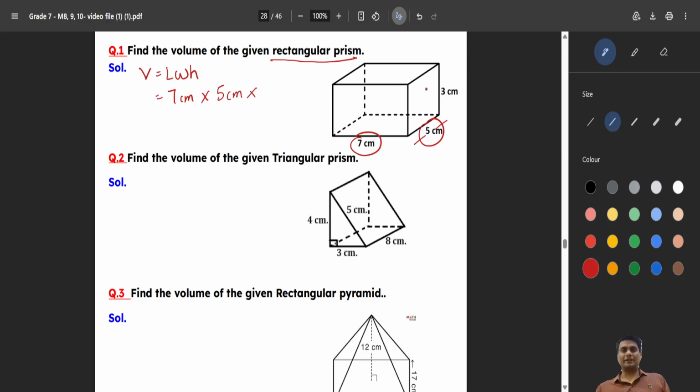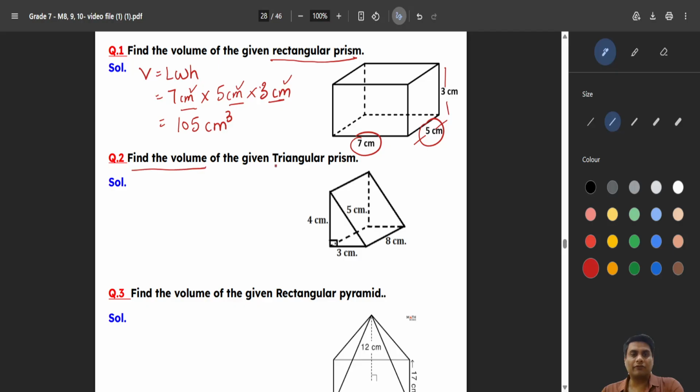What is the height here? 3 centimeter. Now multiply them. 7 times 5, 35. 35 times 3, 105. So 105 centimeter cube. Power 3 will come here. Why? Check. You are multiplying 3 centimeters together, right? So because of these 3 centimeters, you have to put power 3 with the unit.